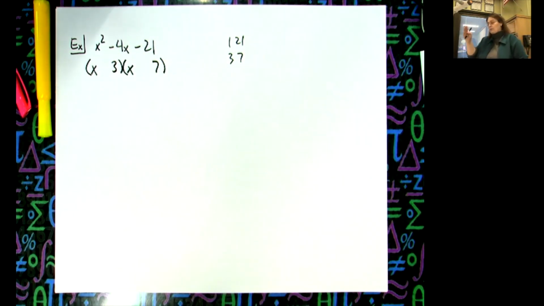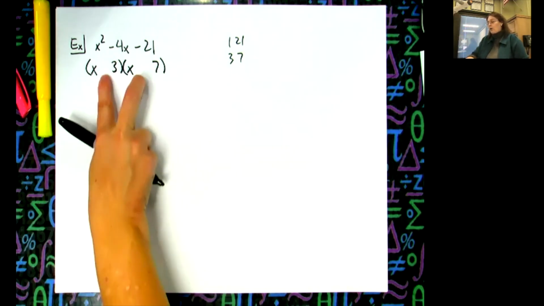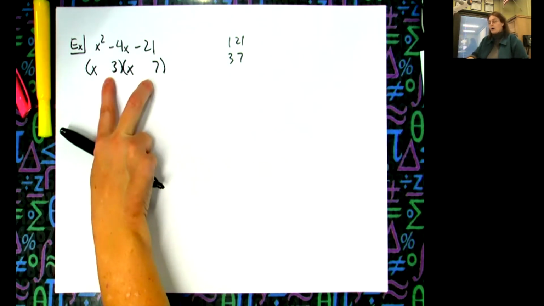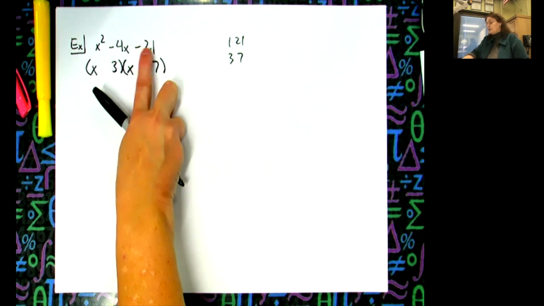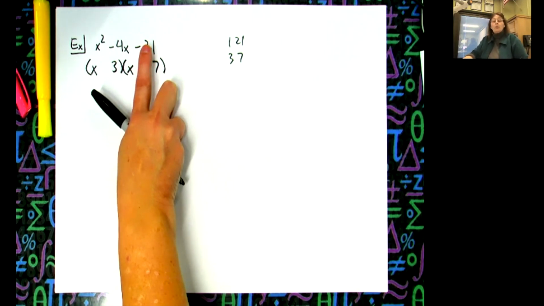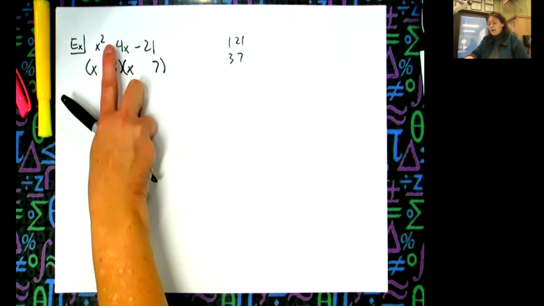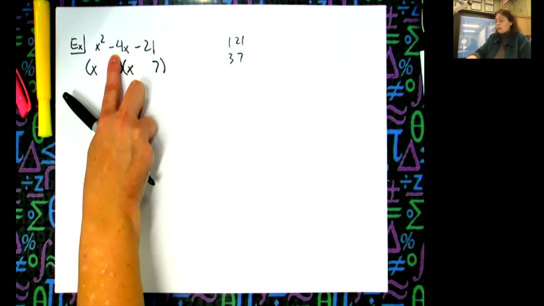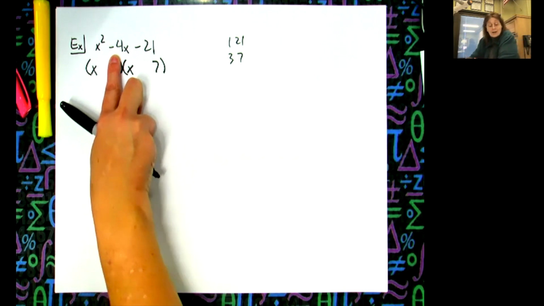Now I've got to stop and think about how my signs are going to have to be. I need a negative 21 when I multiply, but I need a negative 4 when I add them.